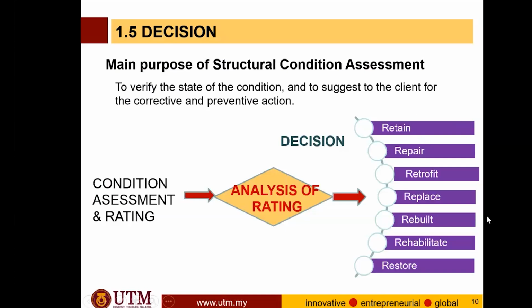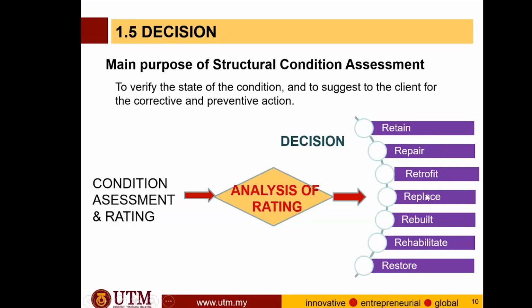So we have many types of decision here. Whether you can retain, if it is in good condition, maybe small repair, maybe need retrofit, maybe restore.